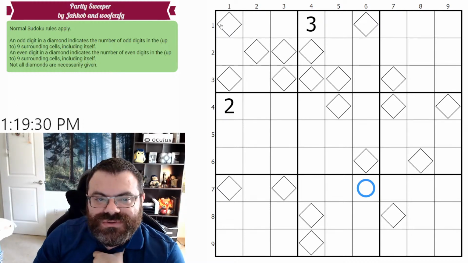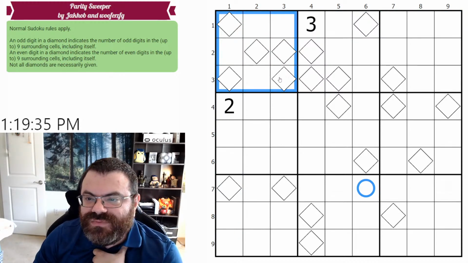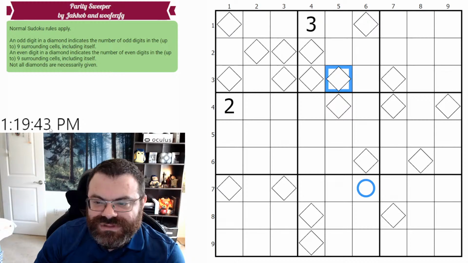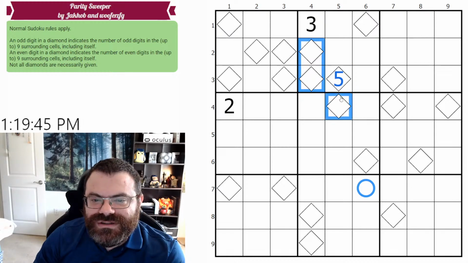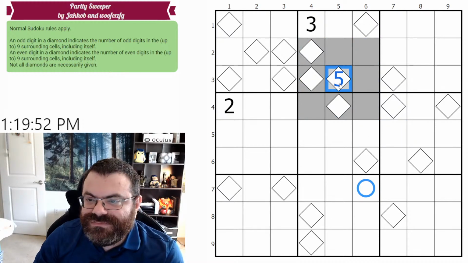We have normal Sudoku rules, so in every row, every column, and every box, we place the digits 1 to 9 exactly once. An odd digit in a diamond indicates the number of odd digits in the up to 9 surrounding cells, including itself. So if I put a 5 here, then that tells you how many odd digits are in this gray area, including itself.